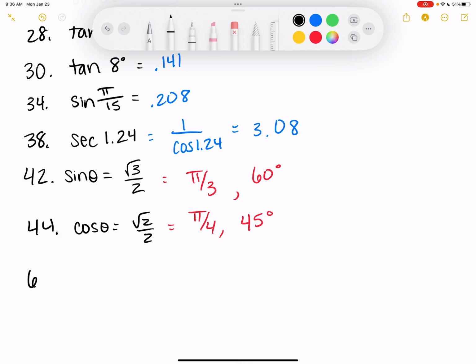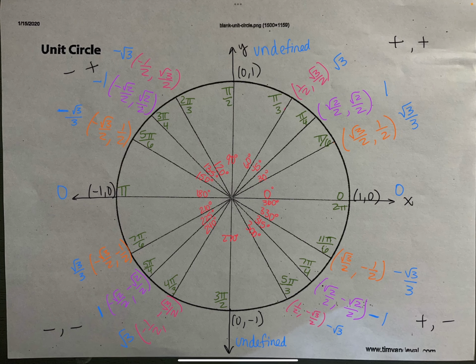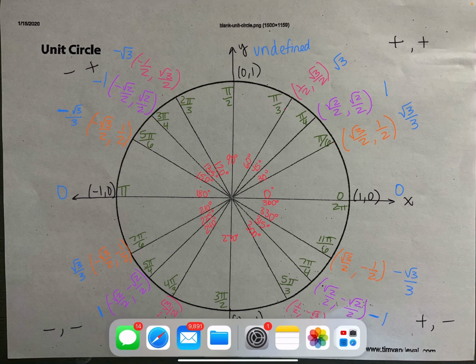All right, this next one, 46. Cotangent of theta is equal to 1. So cotangent is 1 over tangent. So basically, where is tangent of 1? 45 degrees or pi over 4.